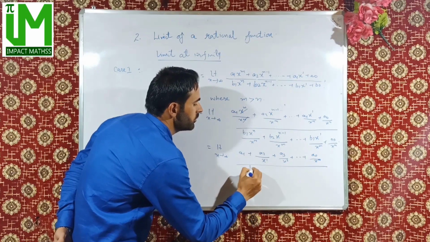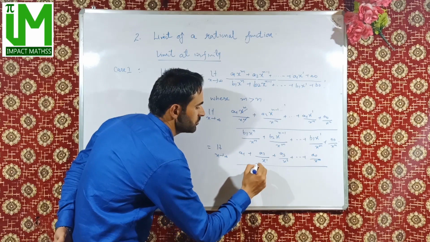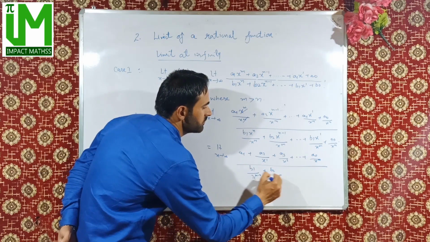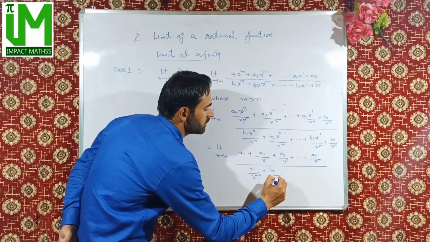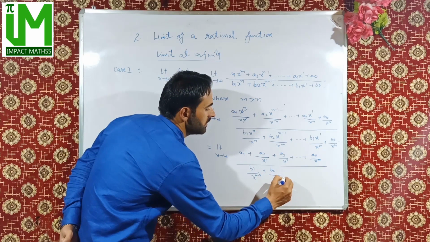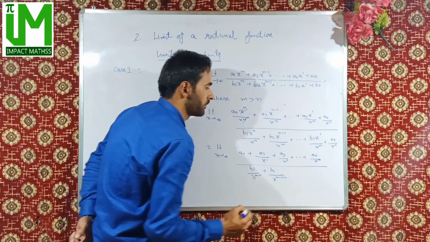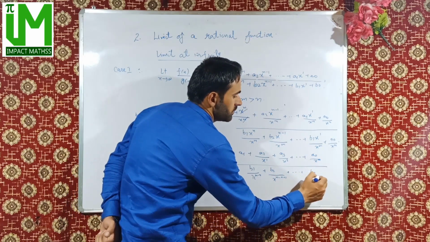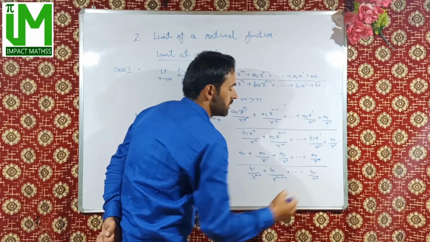This will be b1 divided by x to the power m minus n plus b2 divided by x to the power m minus n plus 1 plus up to b0 divided by x to the power m.